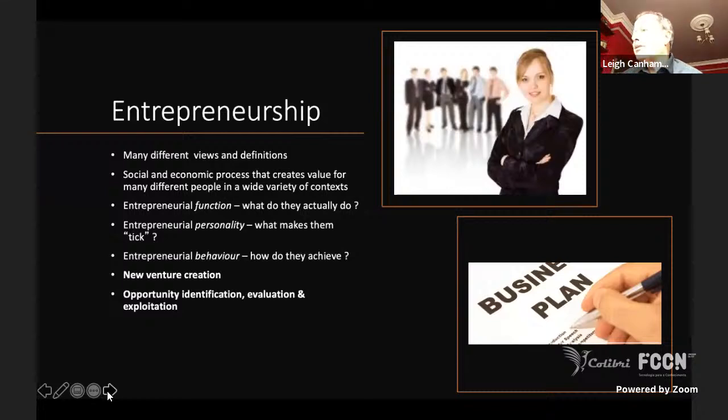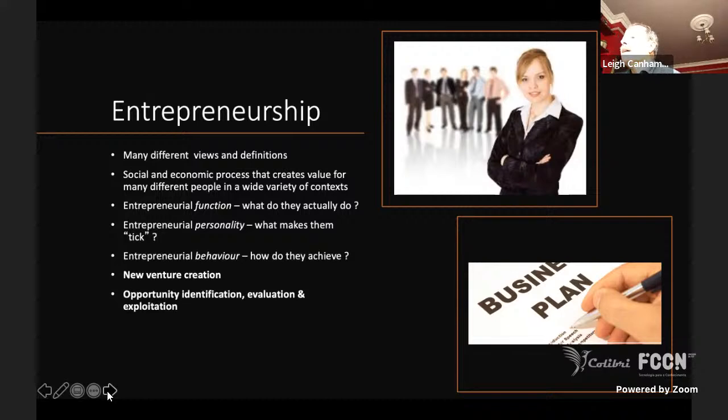So what is entrepreneurship and what makes a good entrepreneur? And are you potentially a good entrepreneur? Is this something that could really be the focus of your future career? It's often about new venture creation, but not always.